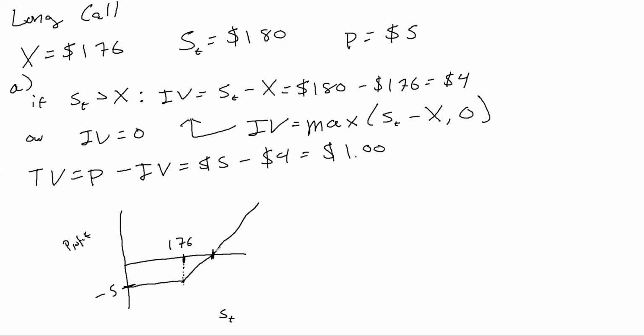At this point here, that would be your break even, meaning your profit is equal to 0. The stock price to break even for a long call would be 176 plus 5, so 181. So in this specific scenario, if the stock price at exercise was $181, you would break even.